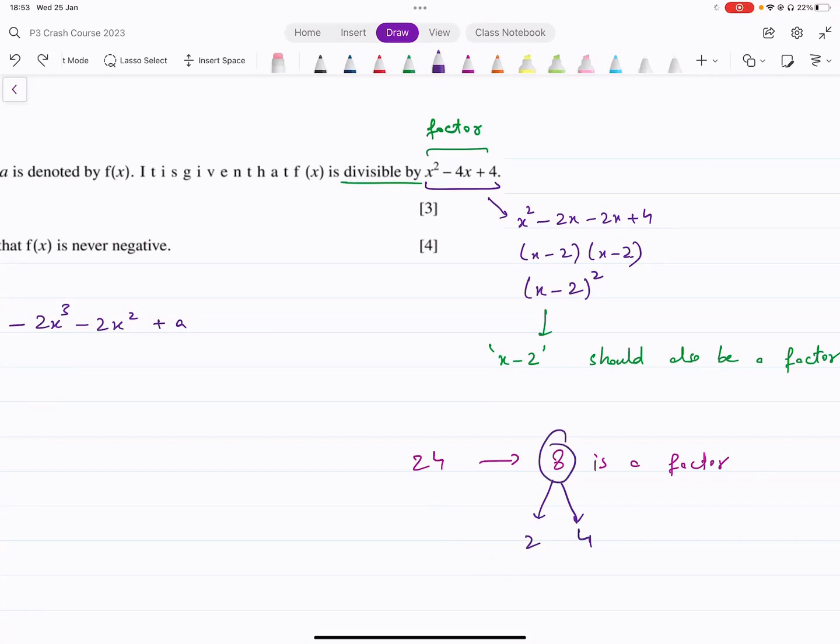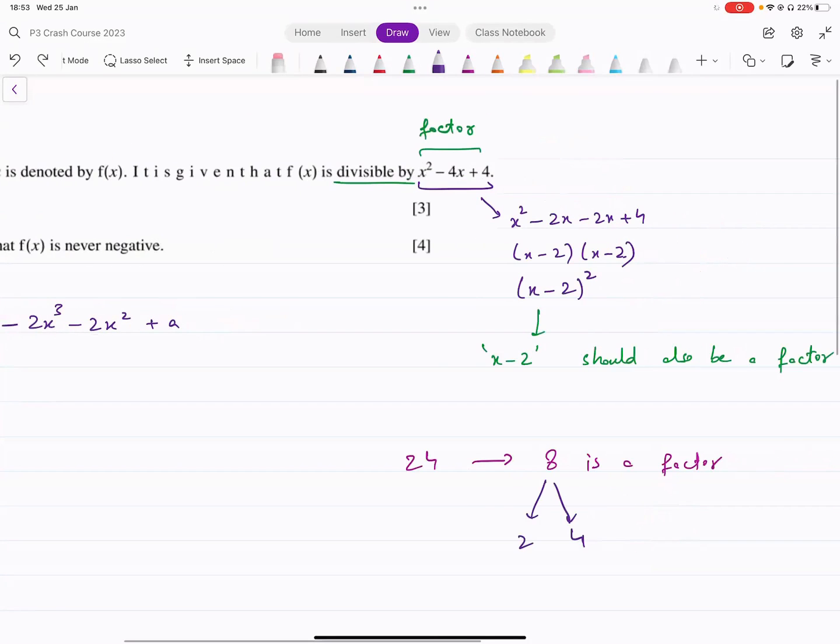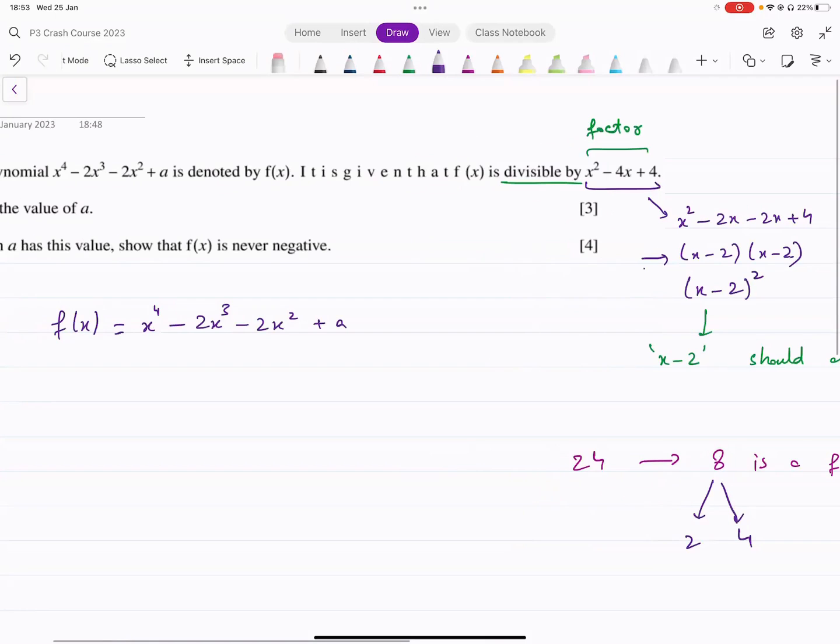So factors of 8 are also factors of 24. That's the same thing that we're doing here. We are factorizing this further, and that's giving us x minus 2. Since x squared minus 4x plus 4 is a factor of this polynomial, these linear factors should also be factors of this polynomial.